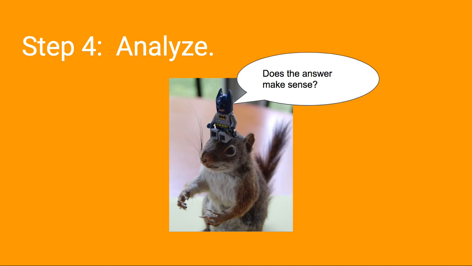Humans do this all the time. We miscommunicate, we misunderstand, we make mistakes. Expect that this happens, but here in step 4, you have a chance to catch those mistakes, to learn and grow from them, and then make sure that what you do decide is a solution is actually a solution.